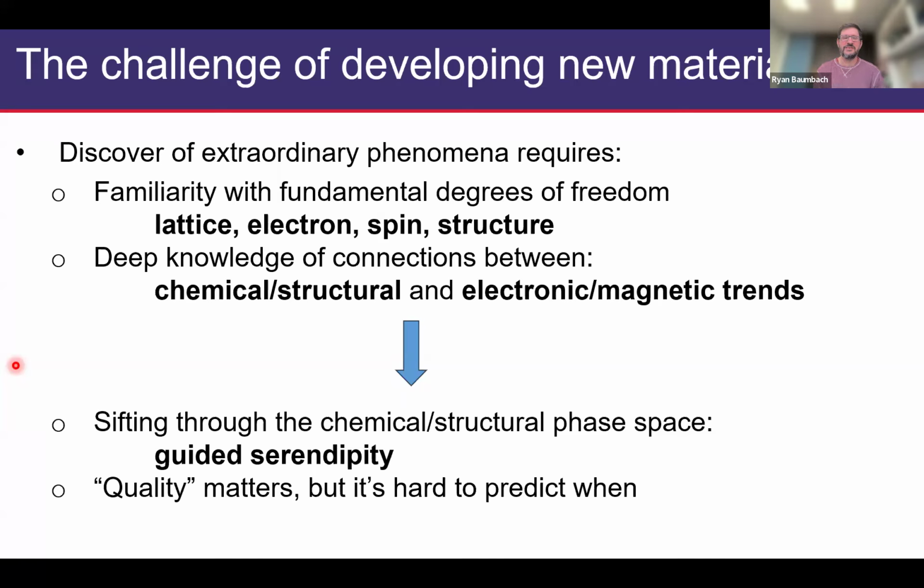The other thing that is unavoidable, but very hard to know when it matters, is quality. Disorder in materials can matter a lot. For example, I think people in this audience have probably heard all about uranium tellurium-2. This is a wonderful example where the amount of disorder in the system fundamentally decides the ground state, whether or not it'll be a superconductor.